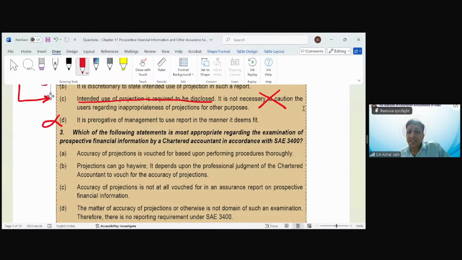B. Projections can go haywire. C. To vouch for accuracy of projections. D. Accuracy of projections is not at all vouched for in an assurance report on prospective financial information. Matter of accuracy of projections or otherwise is not the domain. Therefore, there is no reporting requirement as such.